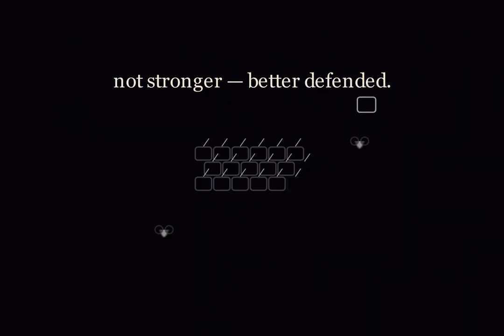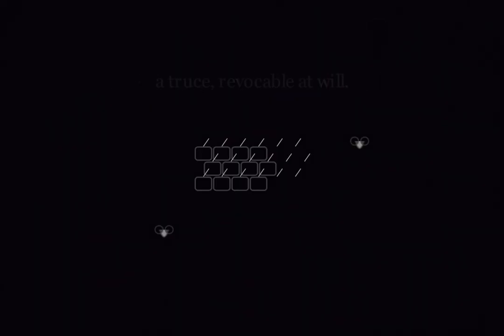And a road that is defended rather than braced can still be taken down the moment the guards are called off, which is exactly the kind of road a living cell needs. Permanence was never on offer. What was on offer was a truce, posted in chemistry, readable from both directions, and revocable at will.